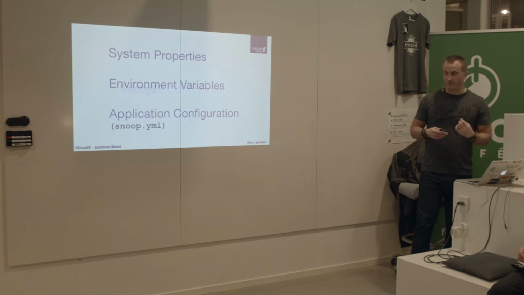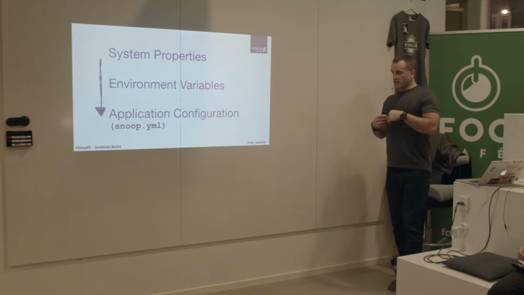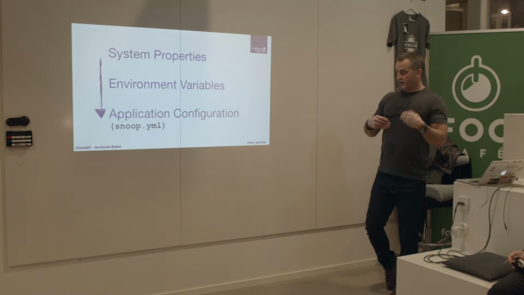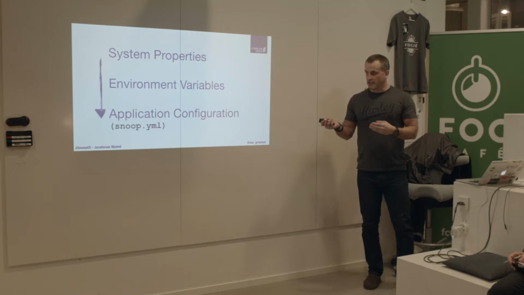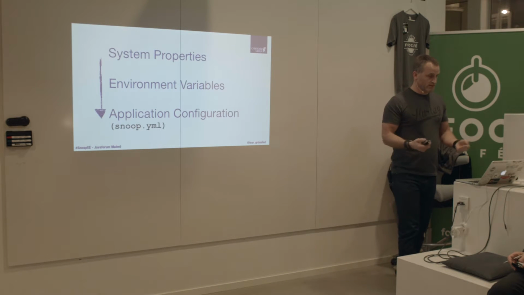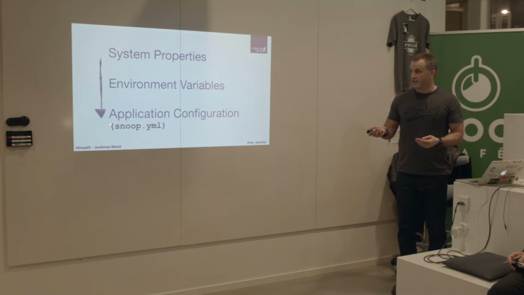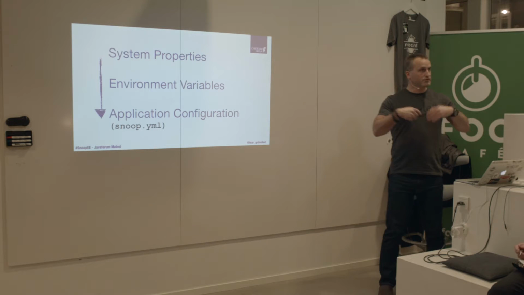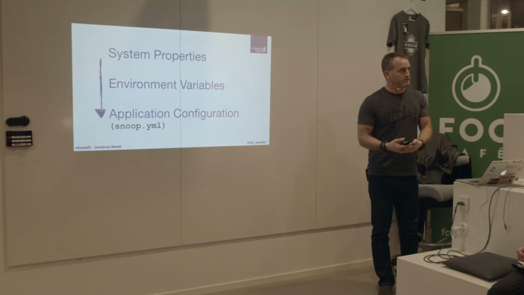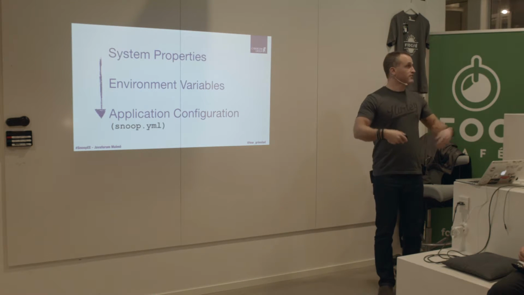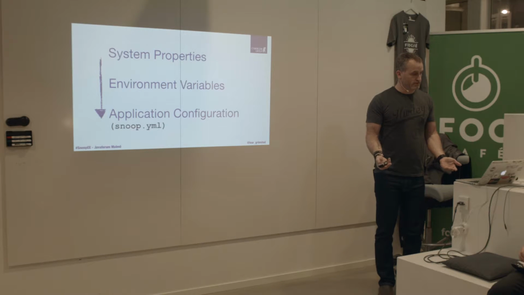And it's very flexible. You can define system properties or environment properties, or you can do it in the application configuration as a YAML file. Typically you have the YAML file for a development environment. When you run it in your IDE, you can have this YAML file in your source main resources folder.